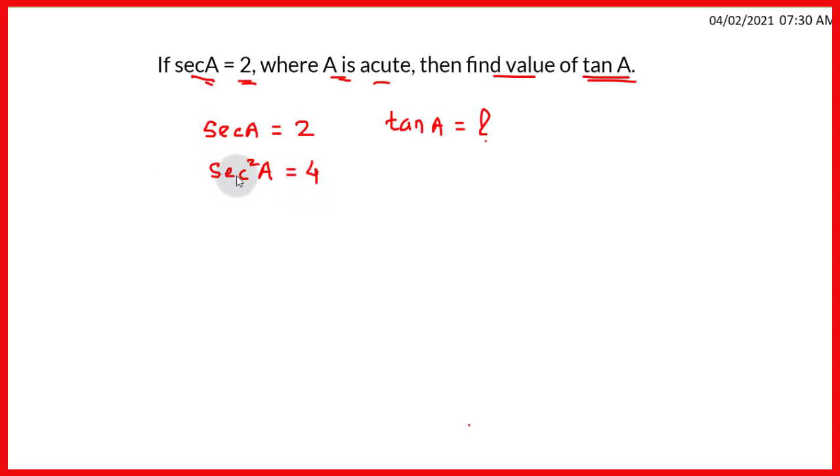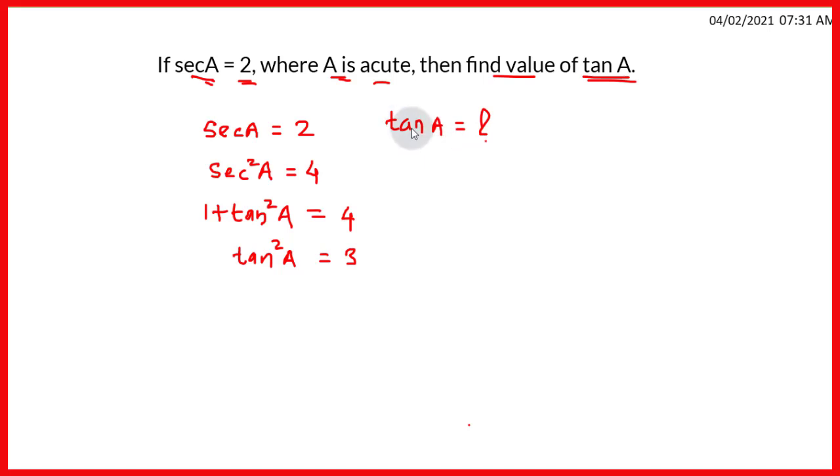And sec square A we can write in terms of tan A, because we have to find the value of tan A, and that is 1 plus tan square A. We know that 1 plus tan square A is equal to sec square A, which is equal to 4. Now take 1 to the other side, so it will become minus 1, so 4 minus 1 will be 3, and therefore tan square A is equal to 3.